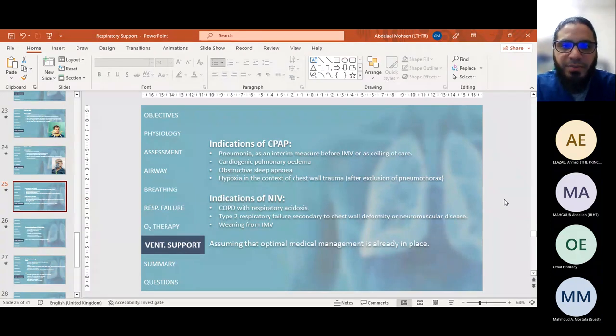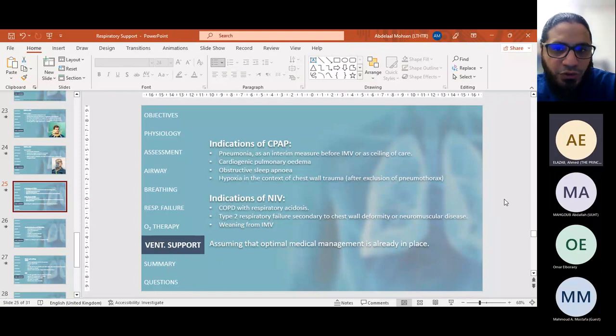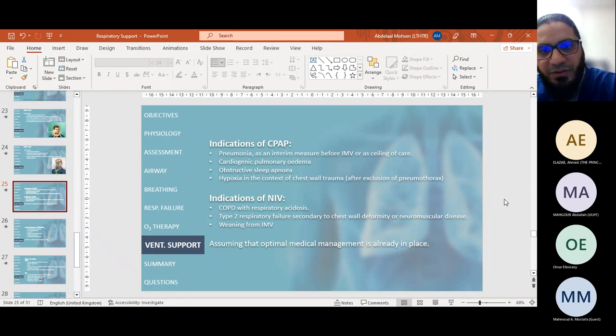No, the CPAP has the same components as the simple oxygen devices. So the oxygen source will be a flow meter, but this flow meter can give very high flow. And the mask that you will use for the CPAP can be used in an NIV, but the device itself is different.